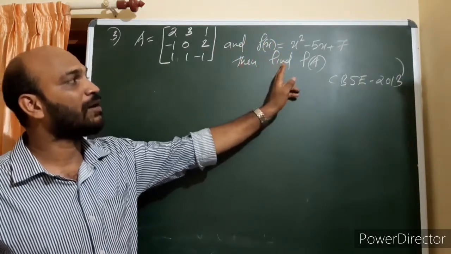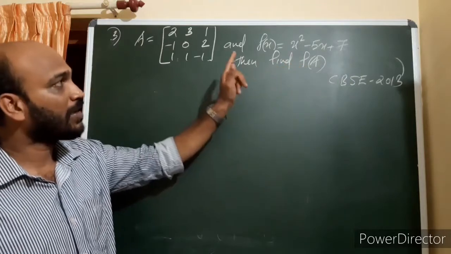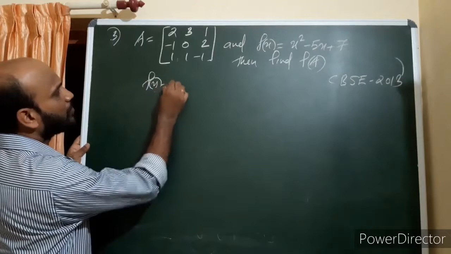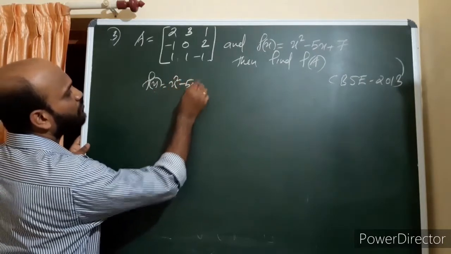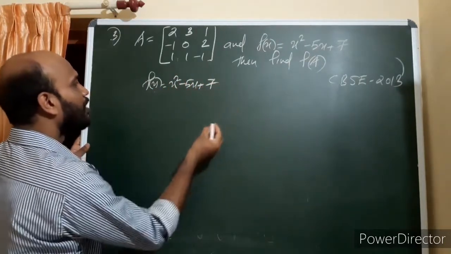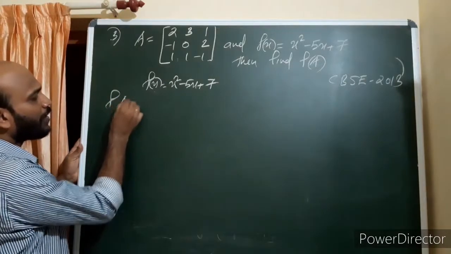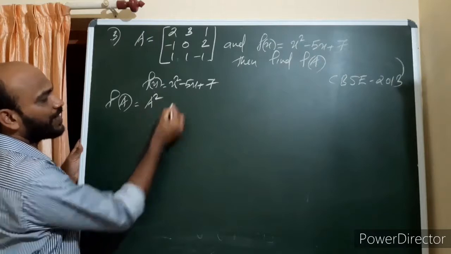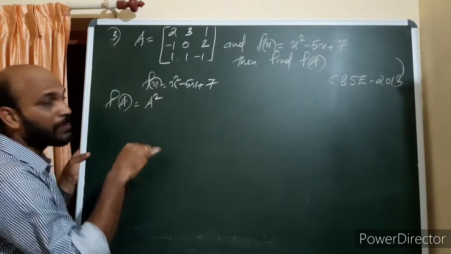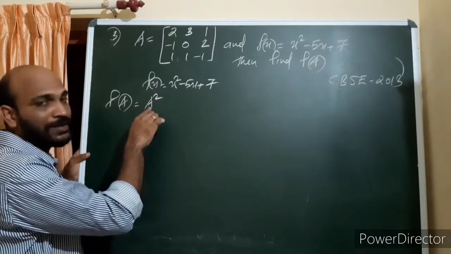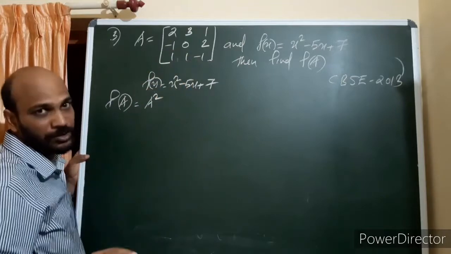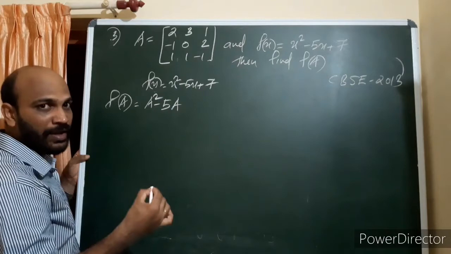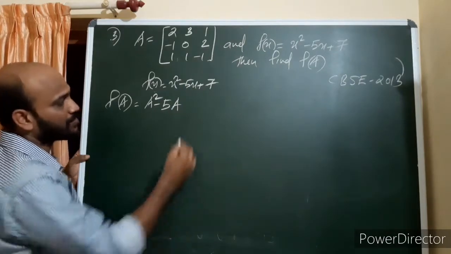We want to find the value of f of A. So if f of x equals x square minus 5x plus 7, what will be f of A? F of A will be A square, and A square will be a matrix, a 3 by 3 matrix because A is a 3 by 3 matrix, minus 5 into A, and 5 into A again will be a 3 by 3 matrix.